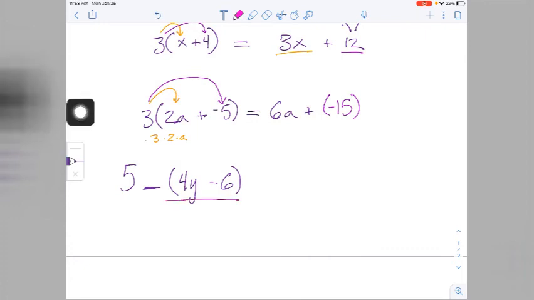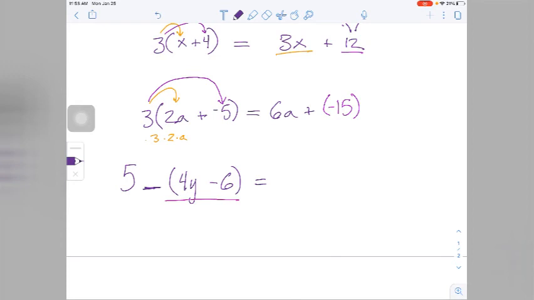But the really important thing to think about with the distributive property is when you don't see a number in front of the 4y minus 6, when you don't see a number in front of the parentheses at all, what that means is that there's a hidden 1. It's just like when there's no number in front of x, it means 1x.